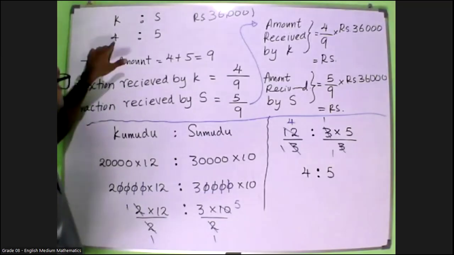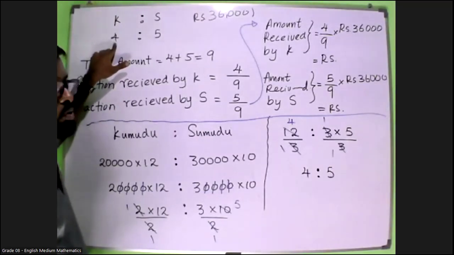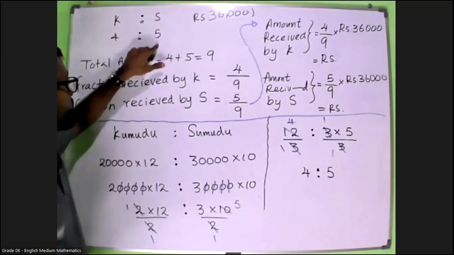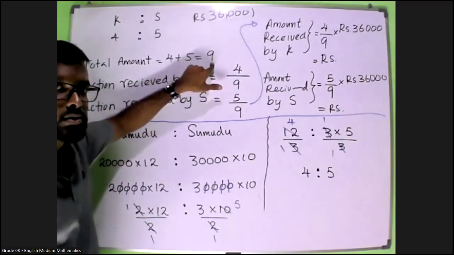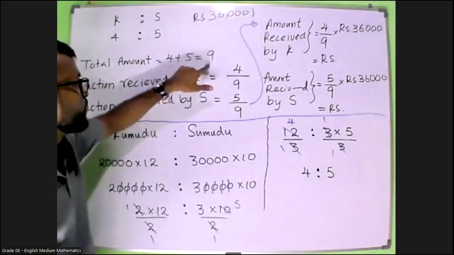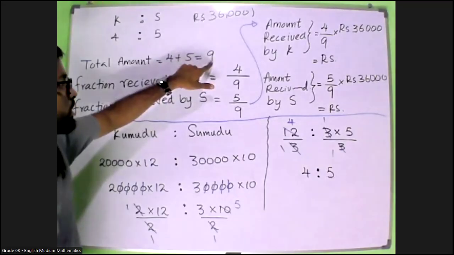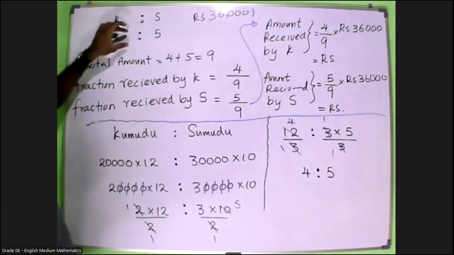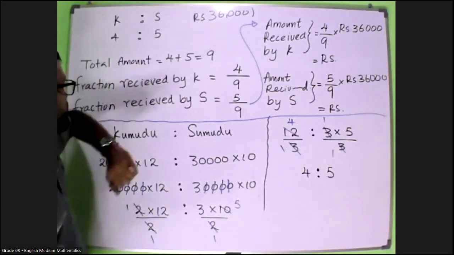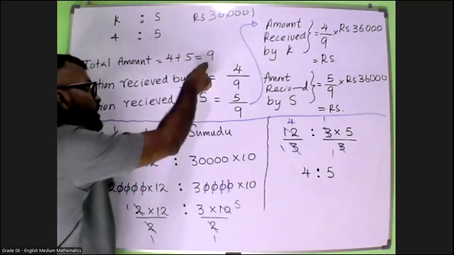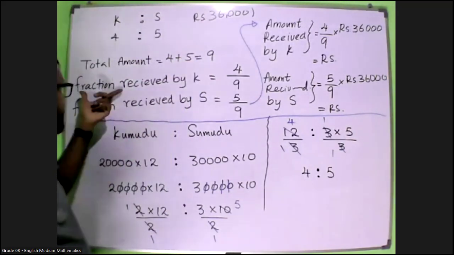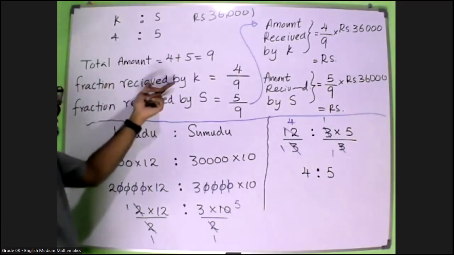So we have to add the ratios together, 4 plus 5. It will give you total parts 9. So by using this, we can write the fraction received by Kumudu.